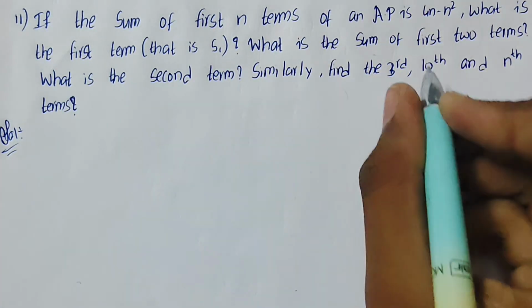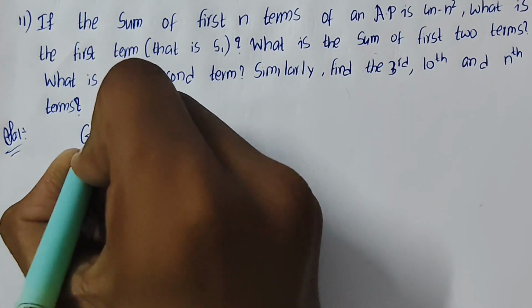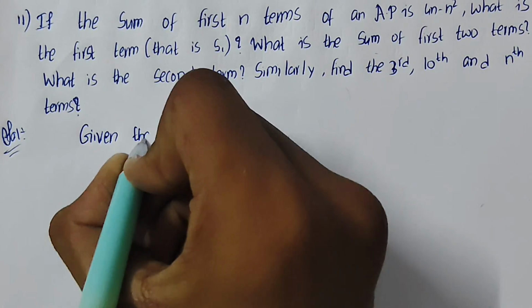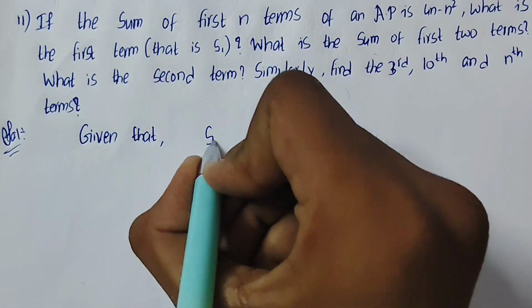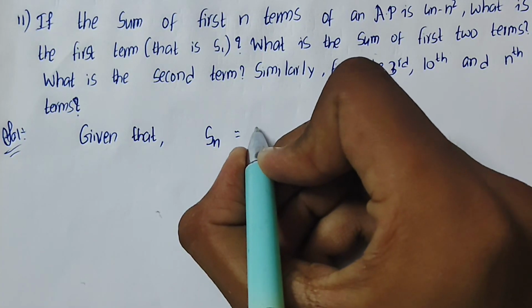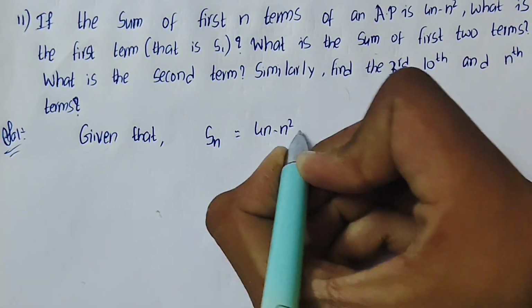So in this question, given S base n, the sum of first n terms, is equal to 4n minus n square.